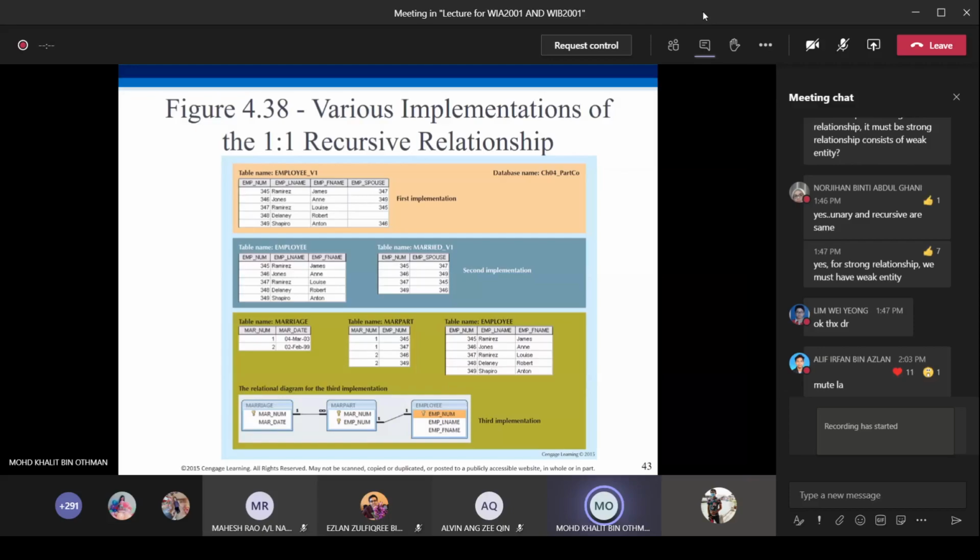To solve the redundancy, you split two tables into three tables, adding another table for the associative entity between the marriage and employee tables.